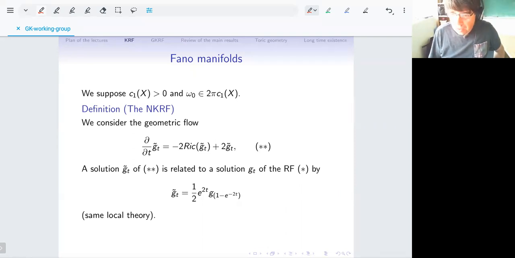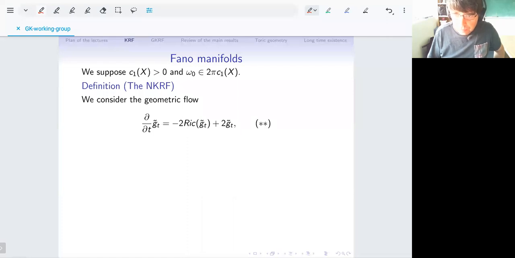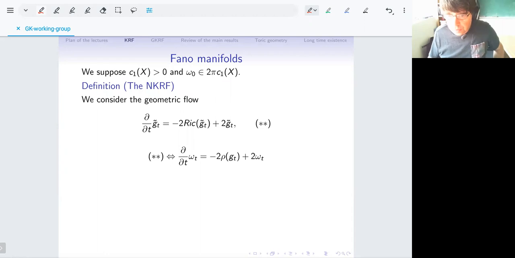So the next thing we will do, as we did before, is to gauge with the complex structure and consider the flow as a flow on Kähler forms, on 1-1 forms.